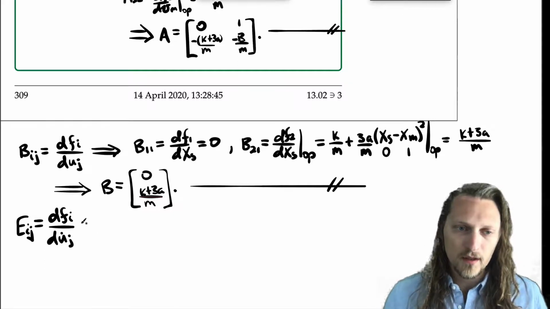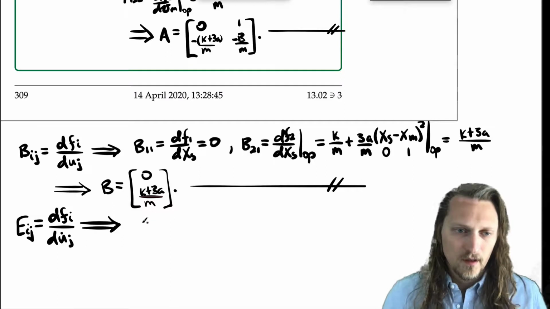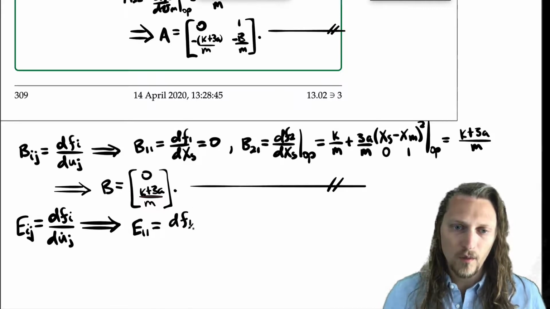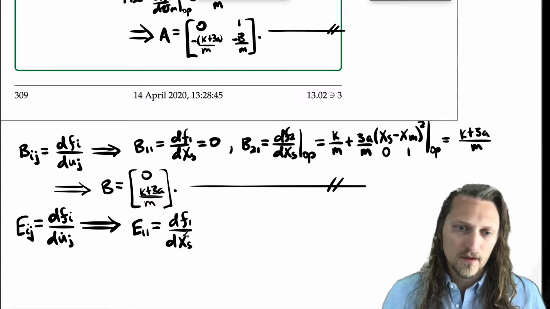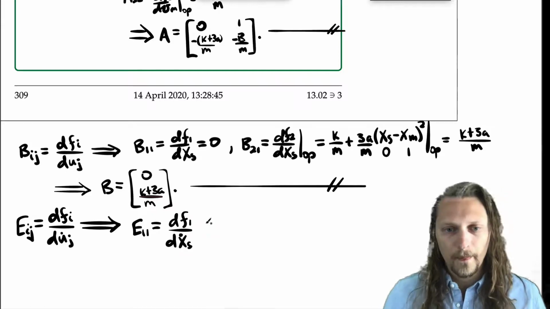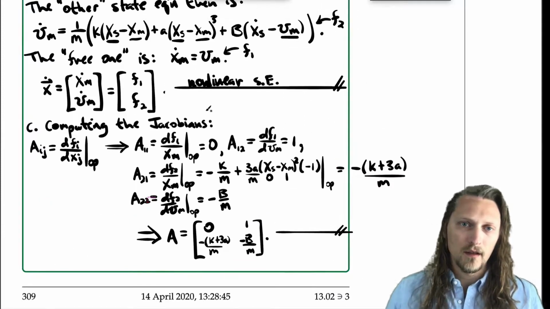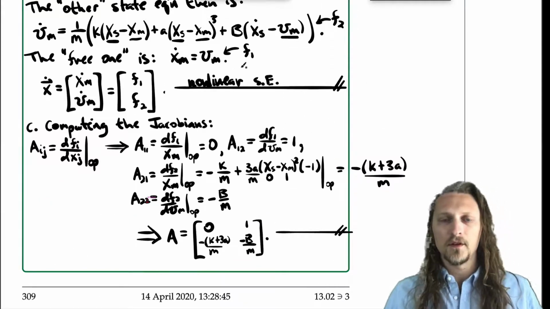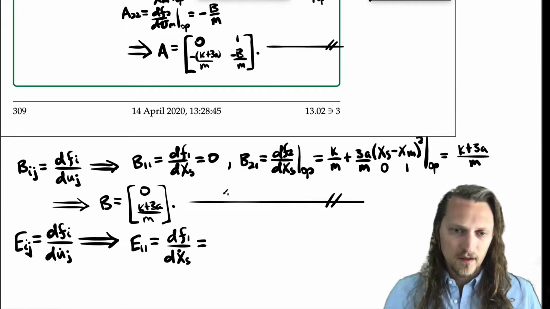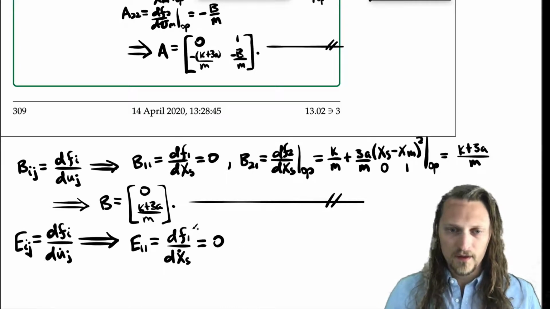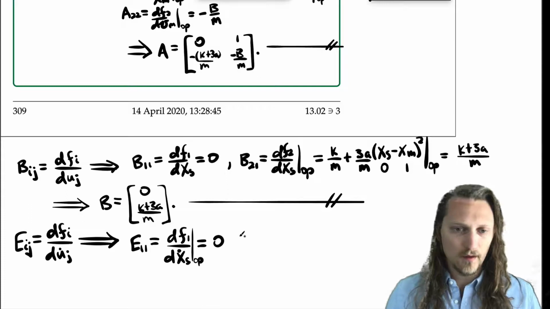So we've got E11, which is the derivative of f1 with respect to xs dot, and if we look at f1 again, f1 is just vm, so there's no xs dot term in it, therefore this is 0. And of course this is evaluated at the operating point. It's hard to remember to write that over and over again.